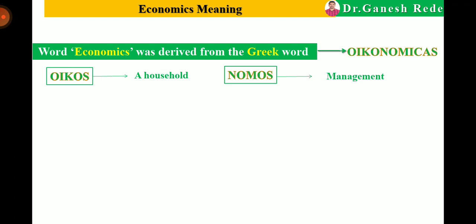In that, oikos means household and nomos means management. You have to remember the word economics was derived from the Greek word oikonomikos.